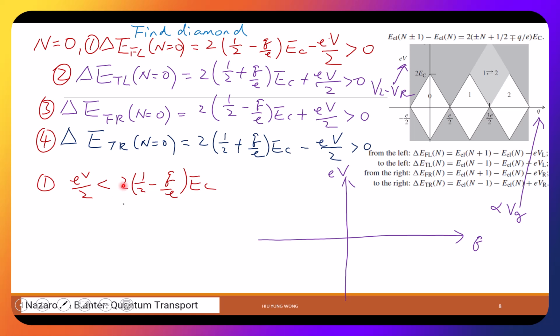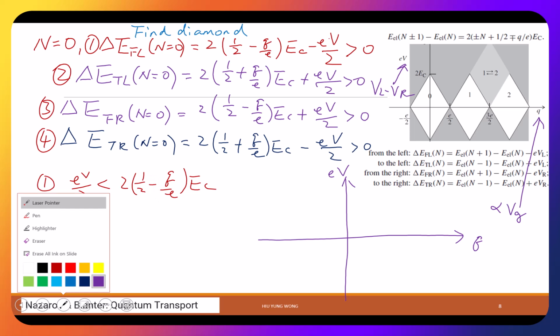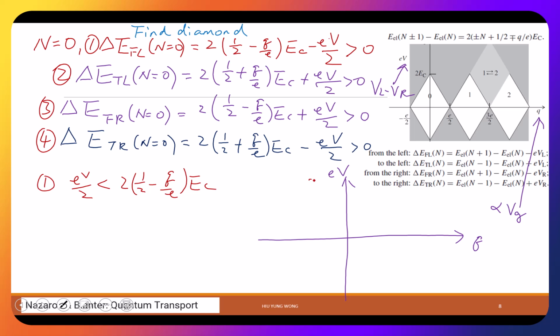The slope will be 4 times EC, but negative. It should be something like this, because this one has a negative slope, negative 4 EC. And then what is the y-intercept? When Q equals 0, this is equal to 2 EC, when you intercept it.